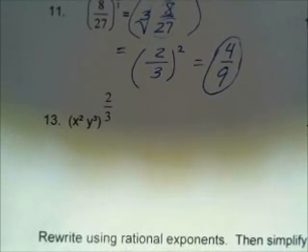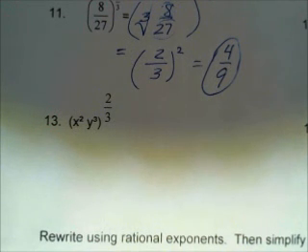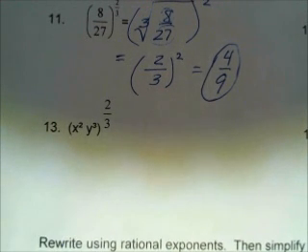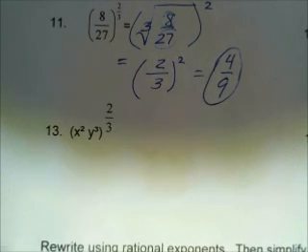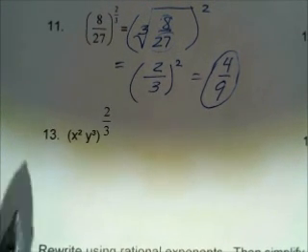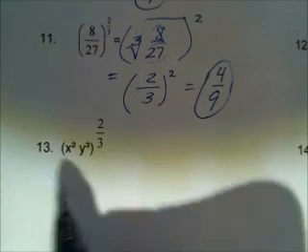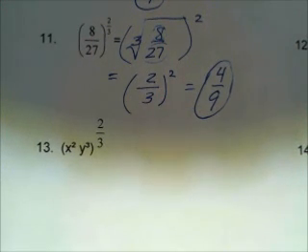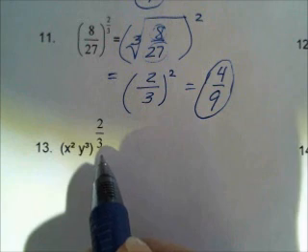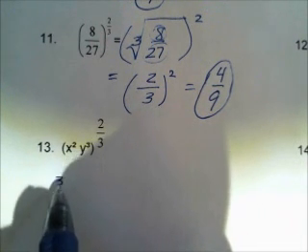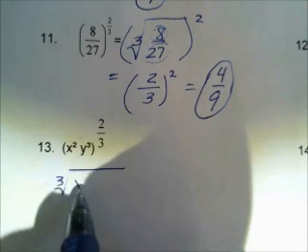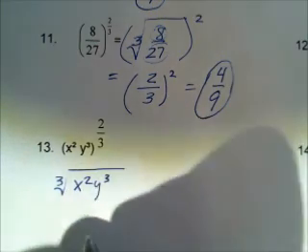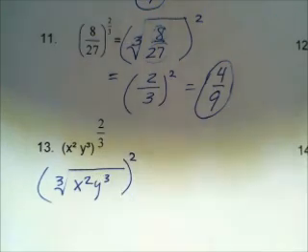Number 13. We have x squared y to the third raised to 2/3. There is more than one way you could do this, but we're going to continue in what we've been following, and that is, the denominator of our fractional exponent is our root, so we're going to write this as the cube root of x squared y to the third, and then we're going to square that result.